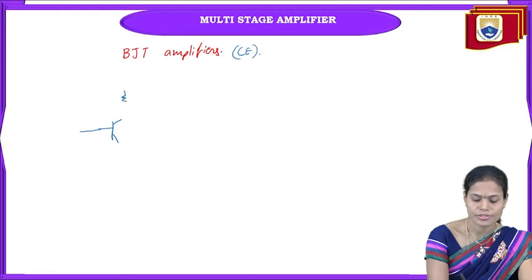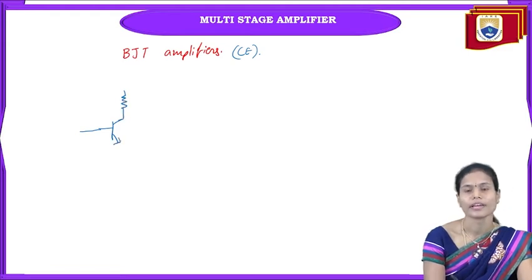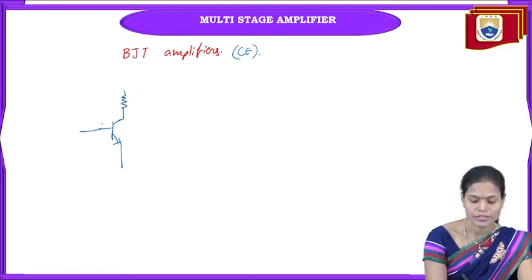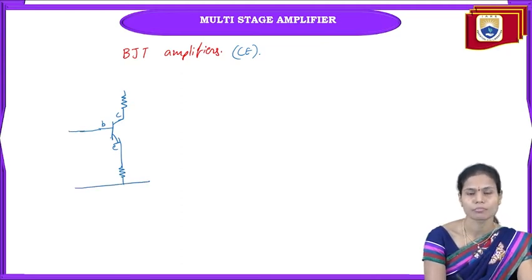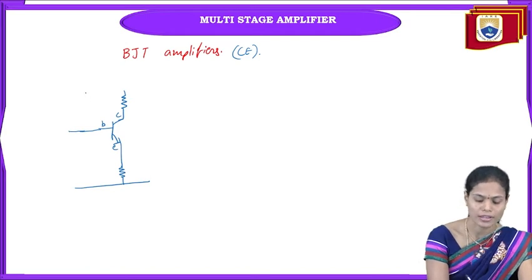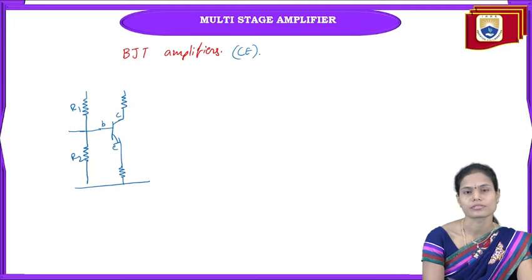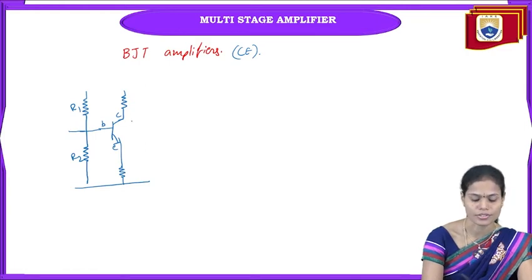This is the transistor in NPN configuration, and this is the base, collector and emitter terminal of the transistor. For this transistor, we are providing the potential divider by using two resistors, R1 and R2. So these R1 and R2 are providing the necessary biasing required for this amplifier stage.